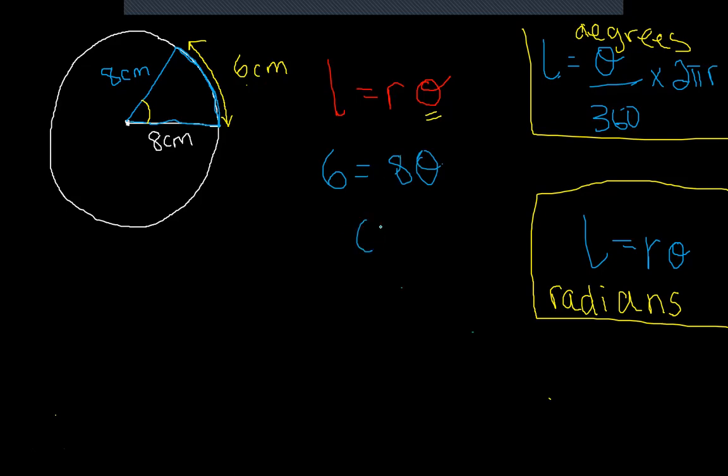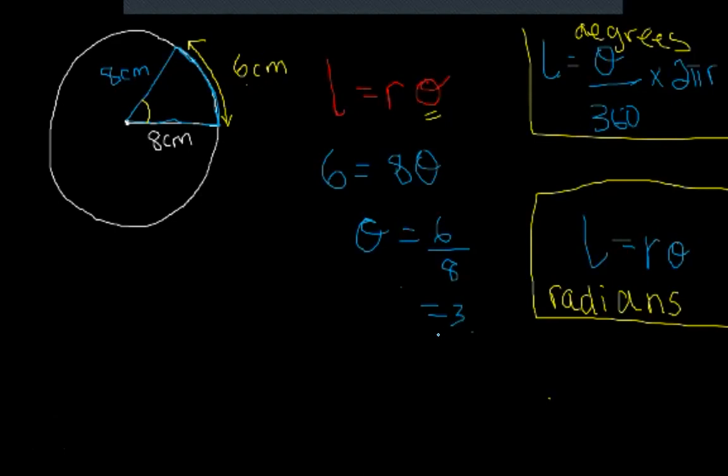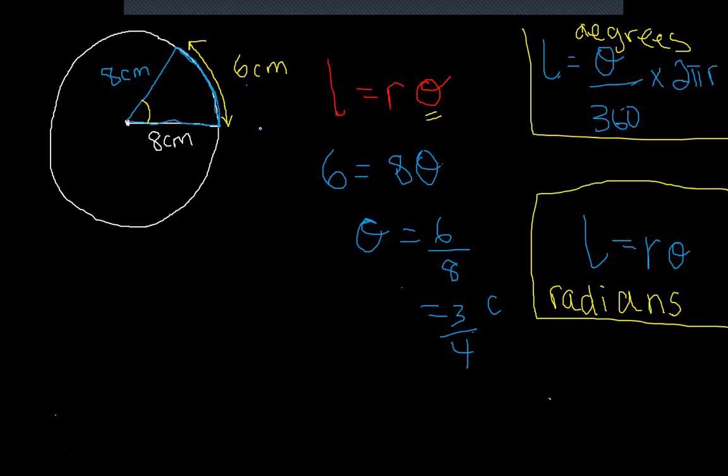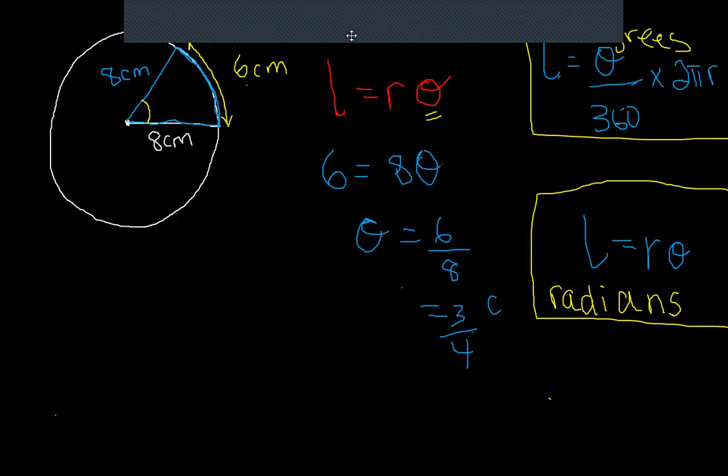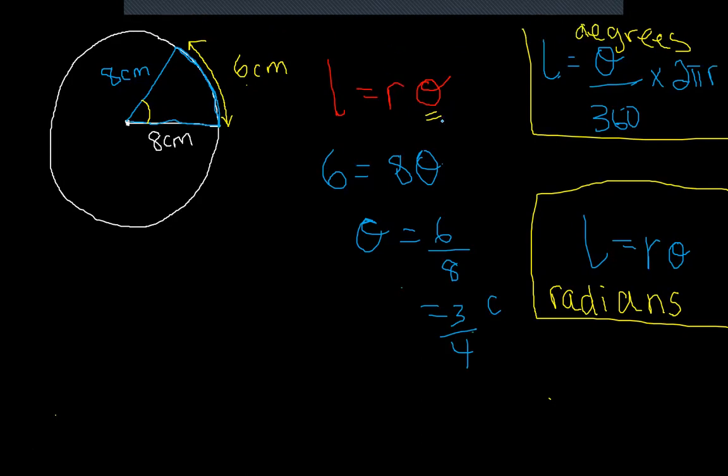And then you transpose, theta is equal to 3 on 4. All right. So the first way, I made theta the subject of the formula before substituting my values. And this way, I substituted my values and then I made theta the subject. Like I said, it doesn't matter, but I do recommend making theta the subject first and then substituting your values.